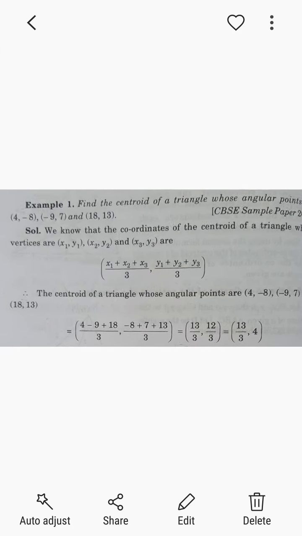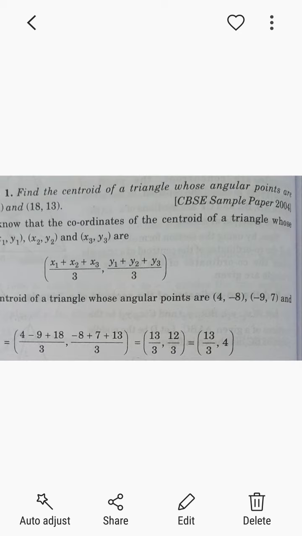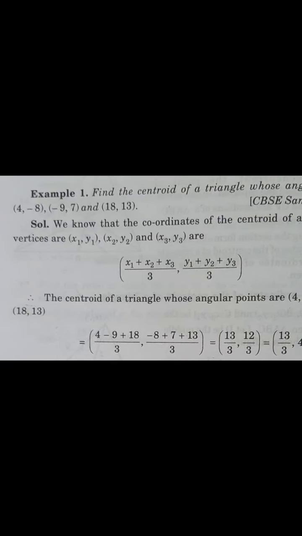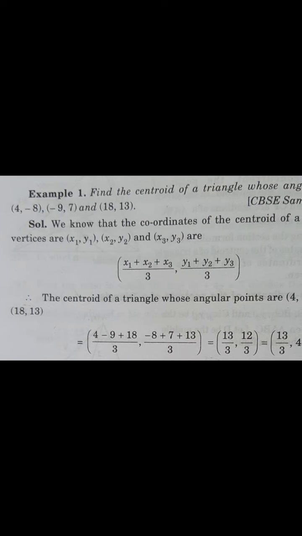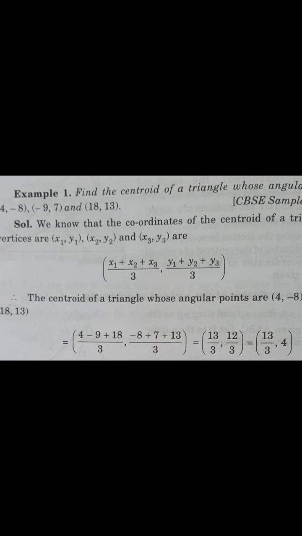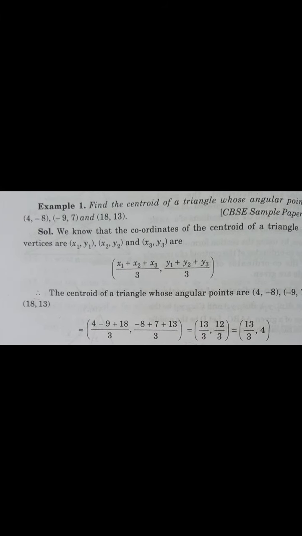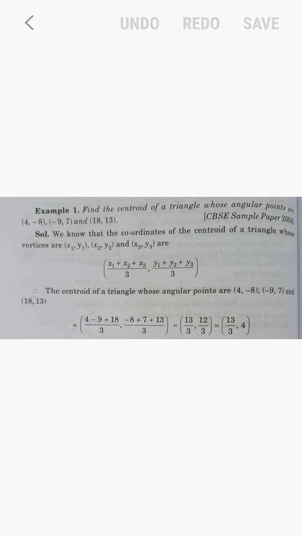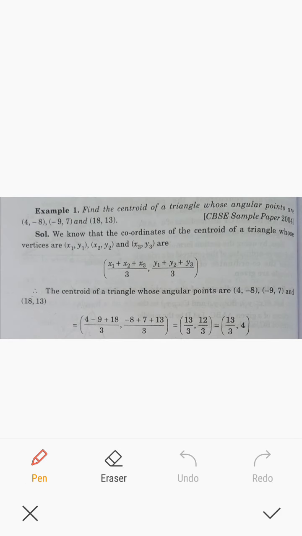And the next problem: find the centroid of a triangle whose angular points are (4, minus 8), (minus 9, 7) and (18, 13). Angular points means the vertices of the triangle.